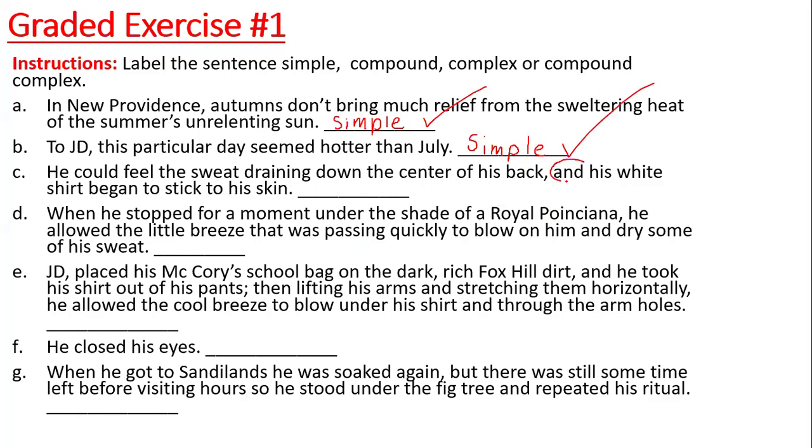It's connected with the conjunction and we have two independent clauses. He could feel the sweat draining down his back, that's one independent. And the next one is his white shirt began to stick to his skin. That's another independent one. So we have two independents connected by a conjunction. That is a what? Compound.